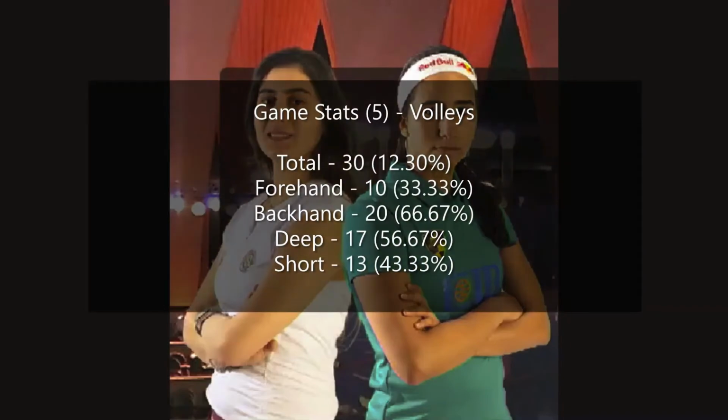Next, we look at some stats on the volleys. There were a total number of 30 volleys in the game. 10 of them were on the forehand and 20 of them were on the backhand. 17 of them were deep and 13 of them were short.